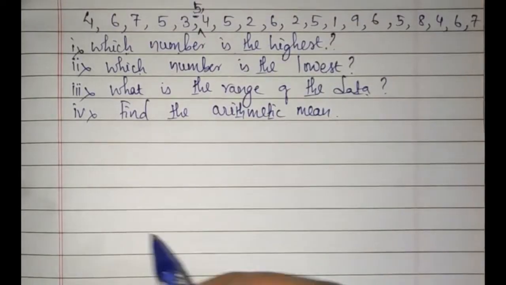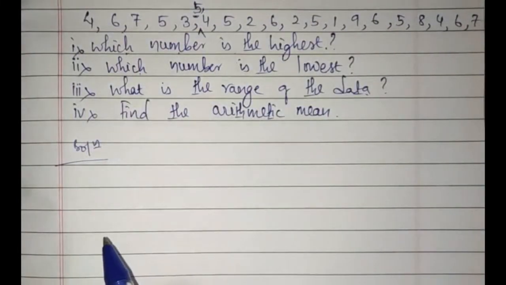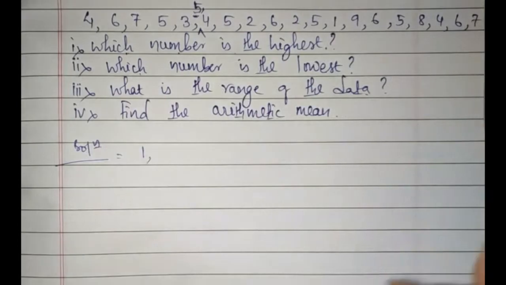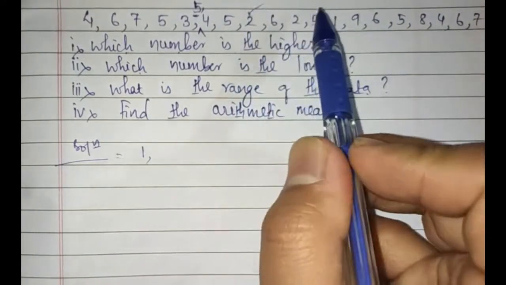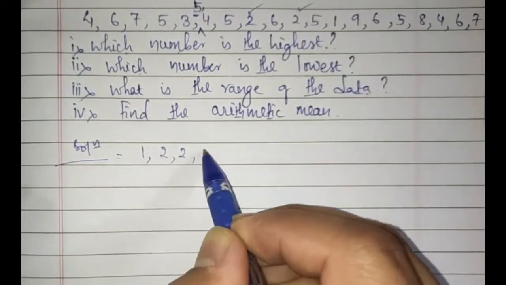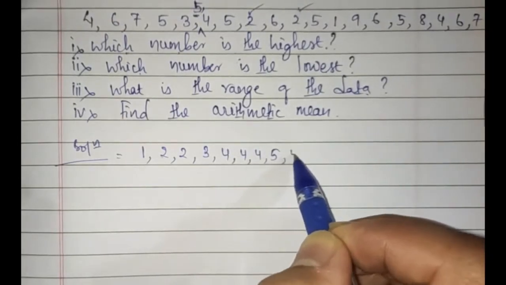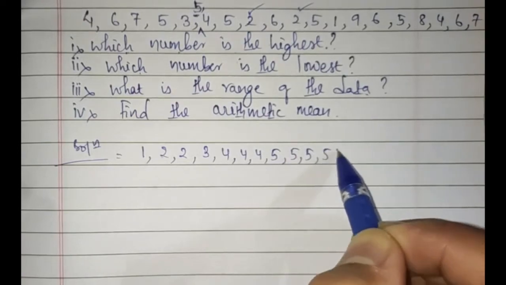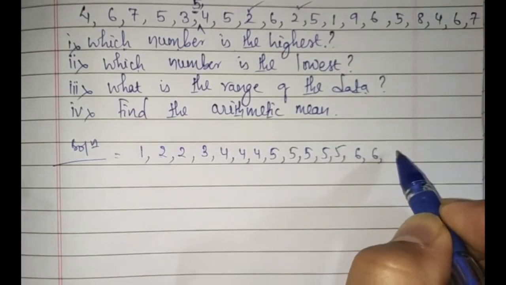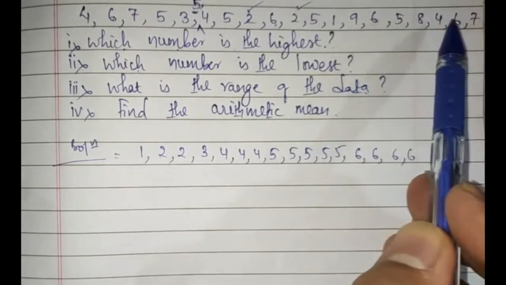So students, first of all, we are going to arrange these numbers in the ascending order. Starting, what is the smallest number here? 1. Is there any other 1? No. So after 1 comes 2, then 2 is there. So 2, 2, 3, 4, 4, then 5 is there, and 6, 4 sixes are there.